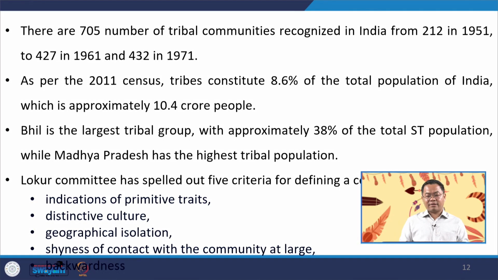Another criterion is backwardness, in the sense that they are still very rural, very agrarian, and continue to practice jhum cultivation or shifting cultivation, which is also considered one of the most primitive methods of cultivation.